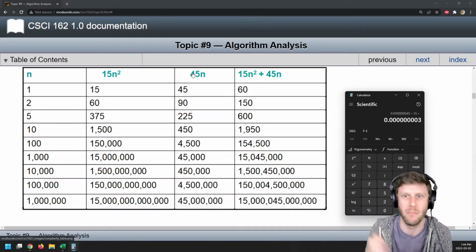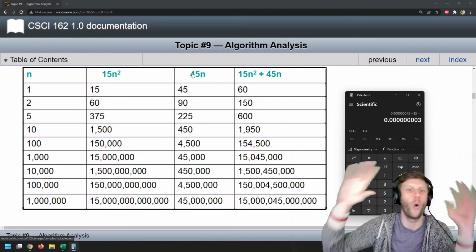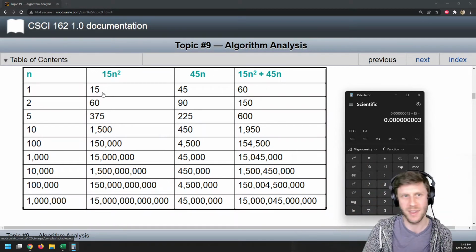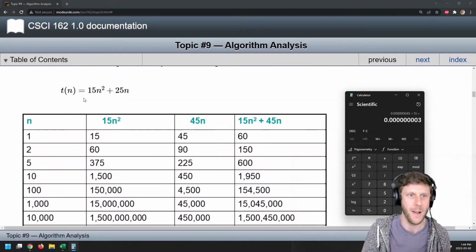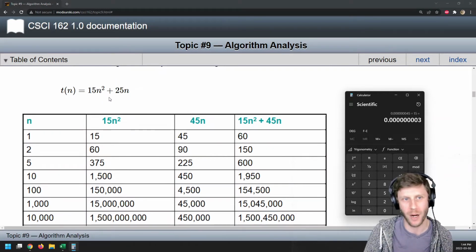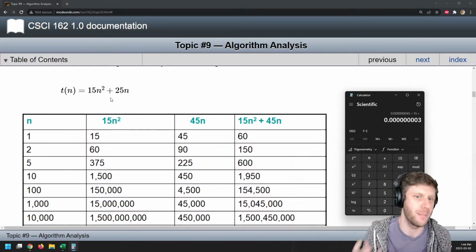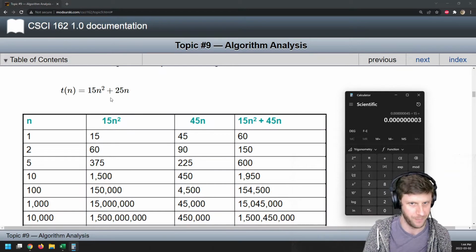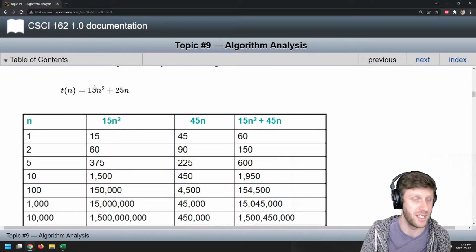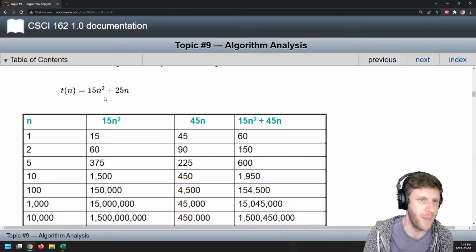It becomes meaningless in terms of the total amount of work being done. And when this happens, I would say that this 15n squared part is the dominant part of this whole function, the T of n, because the blame would go to the part of the code that is this 15n squared.